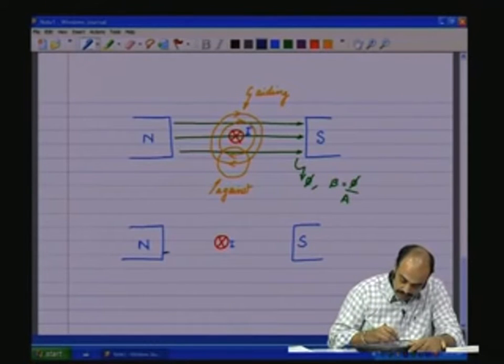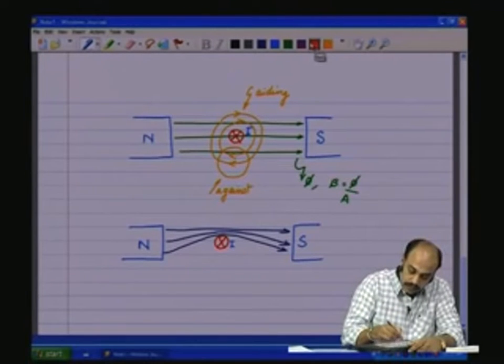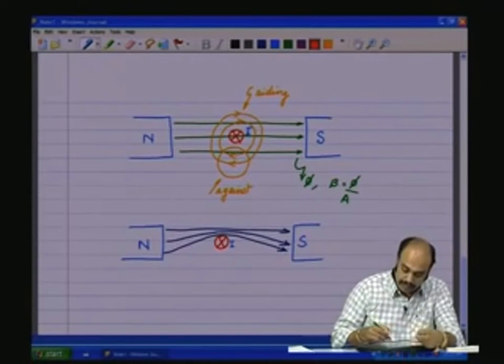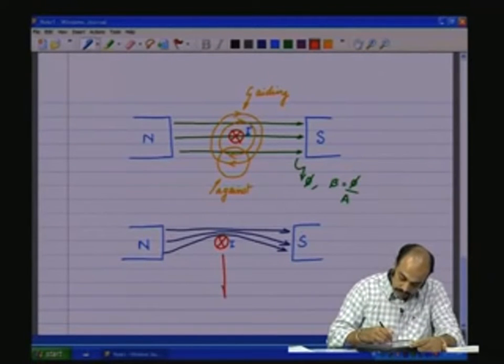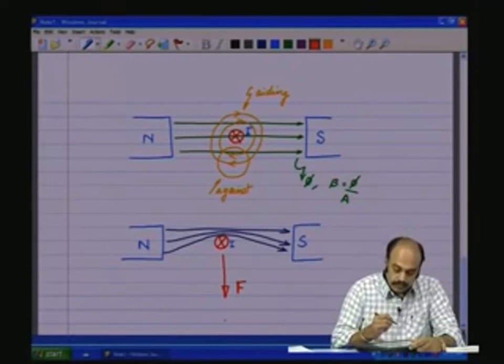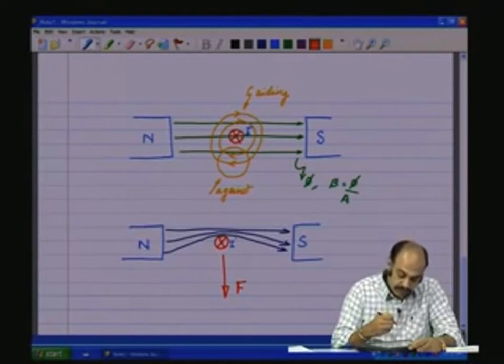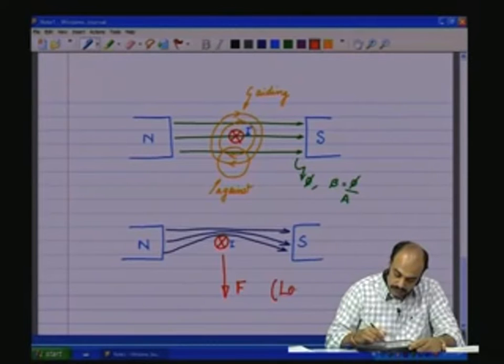So the field is weak on the bottom and strong on the top of the conductor. So this field is acting now like a rubber band which is trying to push the conductor down. So there is a force which pushes down because of the current I which is flowing through the conductor. Now this force is called the Lorentz force.